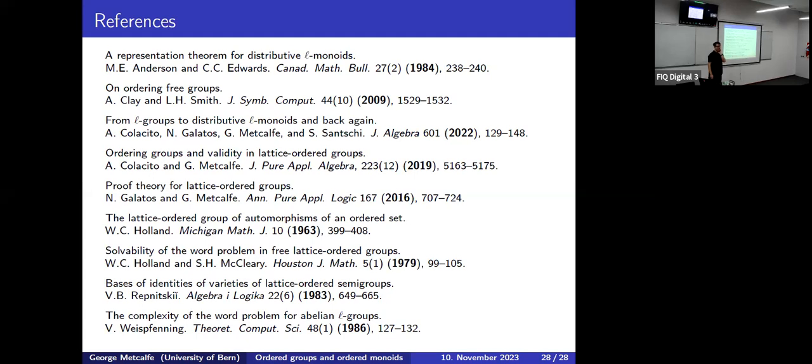So yes, we are working on it, and what can I say other than it feels manageable? Whereas the question with, say, ordered groups, I really have no idea. And anybody that I've spoken to about it, they also don't have an idea. So maybe the answer will be that it's undecidable.